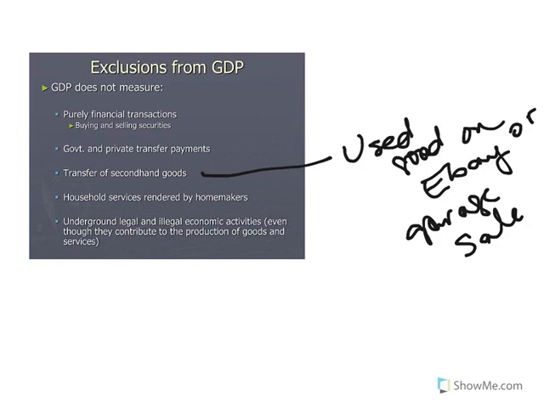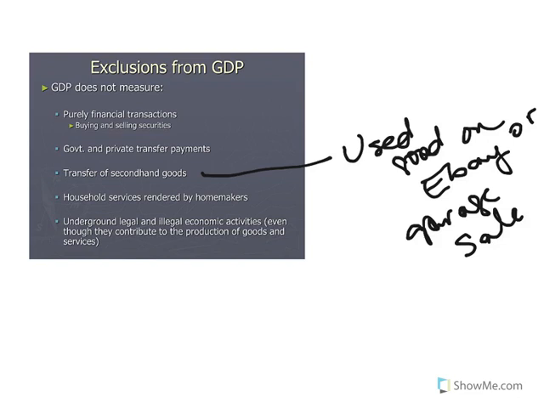And then household services rendered by homemakers are not included in GDP. If you take a gender studies course, that's something you can look at where they do estimate the value of output that is produced within the home. But in terms of actual gross domestic product, it is not included. So if you hire a housekeeper and pay them to clean your house, that is included in GDP.